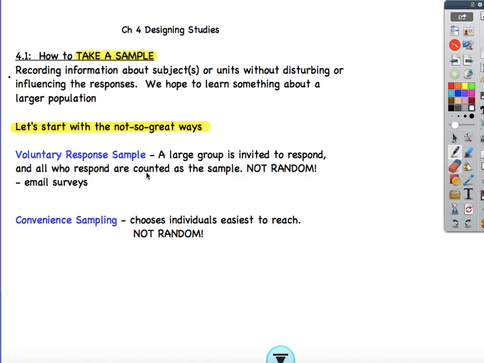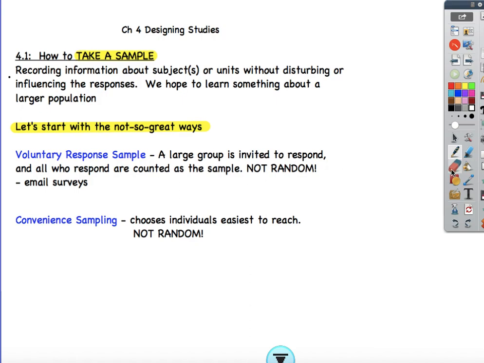Or it might be a flyer that you have to mail back in your response. Or back in the day, on TV, they would flash a phone number that you could call. So it's when you're invited to respond, but you don't have to. And only the people who respond are counted as the sample.